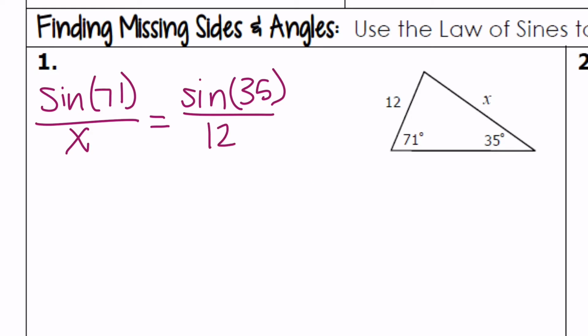Okay? I don't have to have the third one. I just need at least 2 of them. Now all I do is use cross multiplying and start solving.